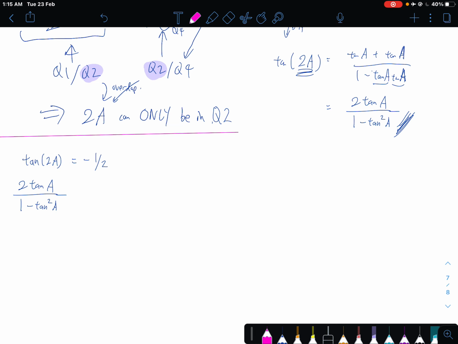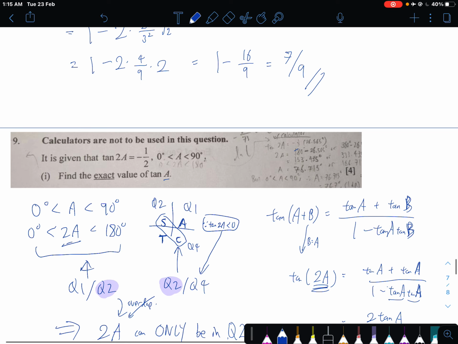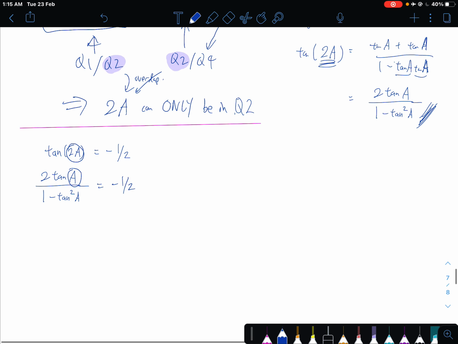Wow, isn't that great? We managed to convert our 2A into A. Why is that great? Because that's exactly what the question wanted us to find, tangent of A. Now that we have found an expression purely in terms of A, we can solve for tangent A. Then you notice, wow, tangent squared, so it's a quadratic in form again.